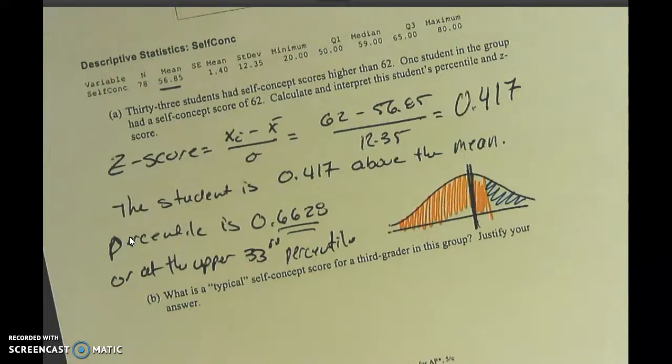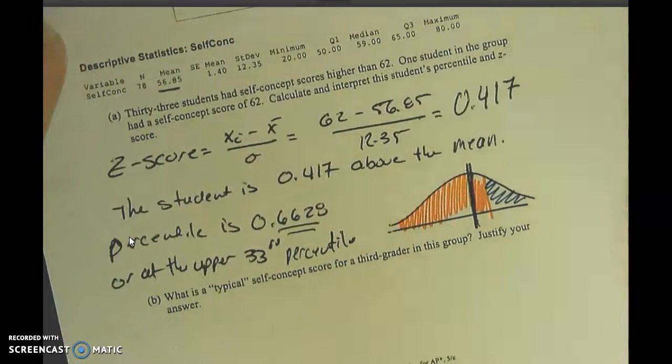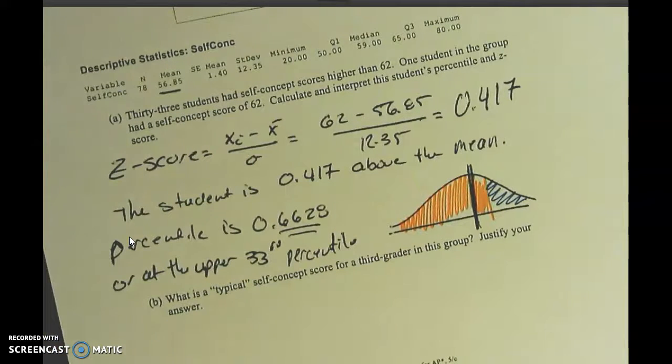Mm-hmm. Yeah. Well, no. Okay. Remember, our definition says the percentile is everything below that score. If our definition said everything below and including our score, we would have the 100th percentile. But because the AP's definition is below, we can never have a 100th percentile.